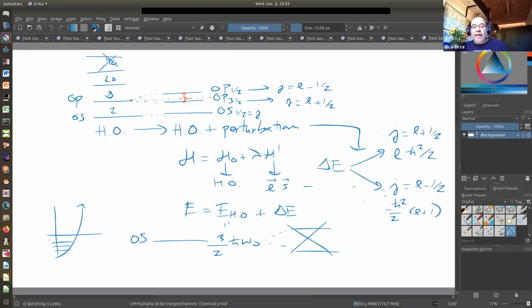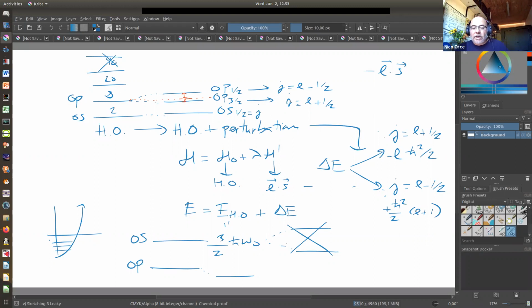With the difference that actually the perturbation was minus Ls. So basically the J with the larger number will come down, and this is what happens with the 0p. This one will be positive and this one negative, so it is the other way around.